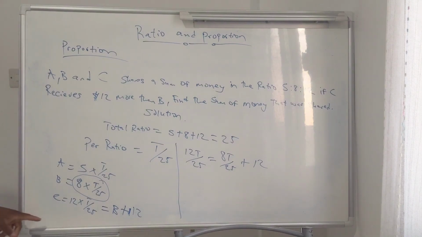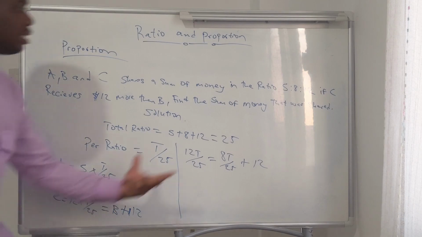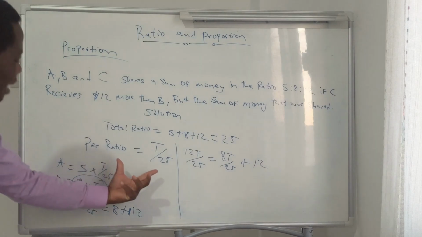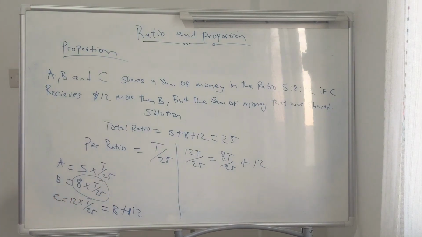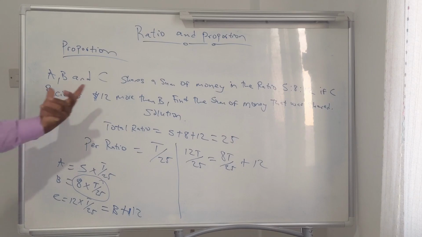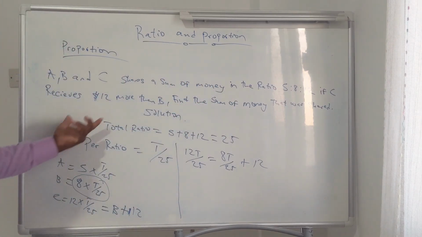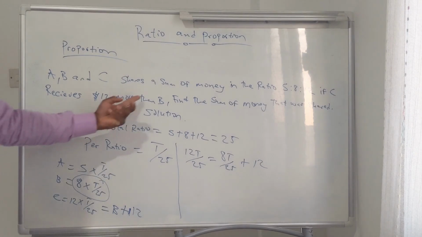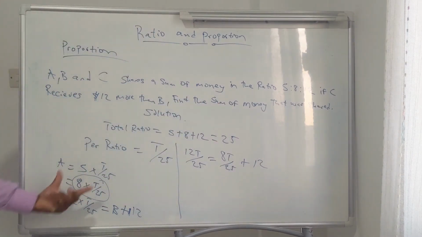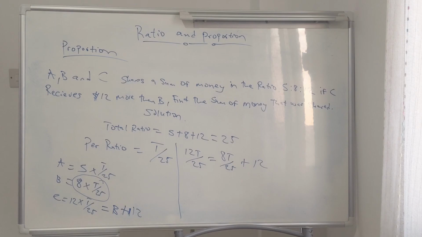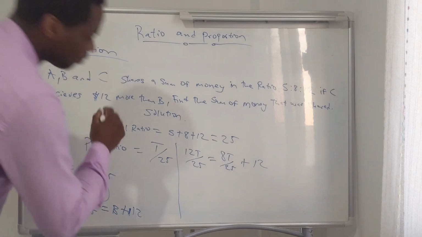So this is saying that normally for us to calculate C, it is 12 multiplied by the amount per ratio. But it is also B plus $12, because it received $12 more than B. So now let's solve this.